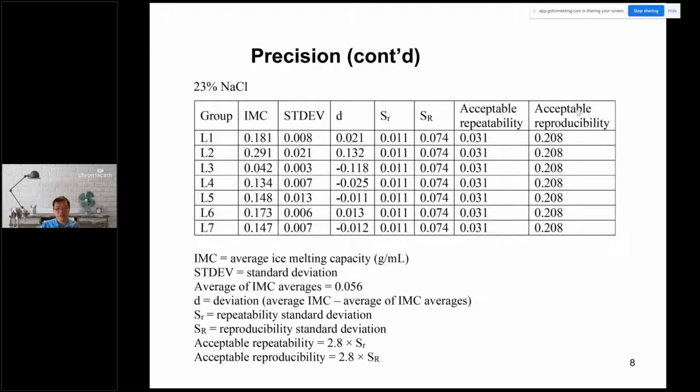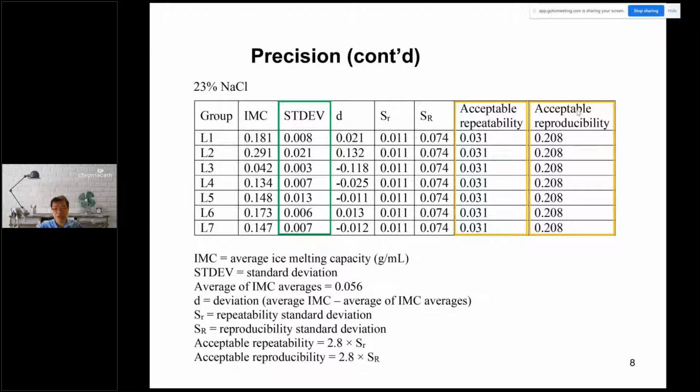If we look at the first deicer, which is an analytical grade salt brine, 23% by weight of the solution, for each lab you can obtain the standard deviation of the test results, and also what's acceptable repeatability and acceptable reproducibility are shown here.